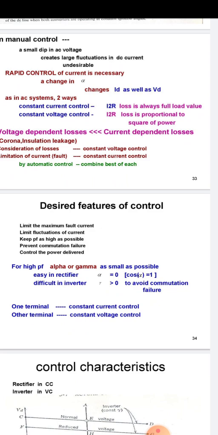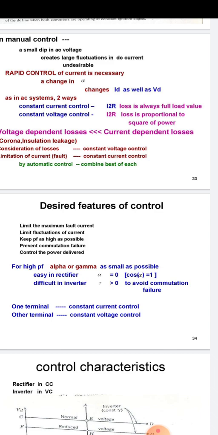For a high power factor, alpha or gamma should be as small as possible. Alpha is the firing angle. The firing angle is easy in rectification. So the rectification value of the angle of deflection is alpha equal to 0. So we can replace that alpha value in the cos angle.